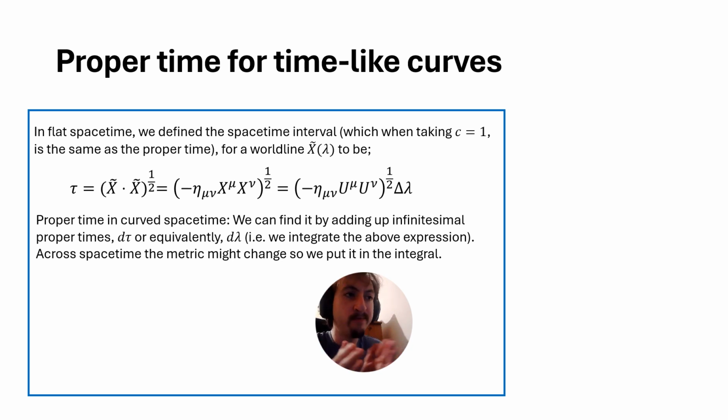So across the infinitesimal region, actually the space-time is flat, and we can use the equation we currently have in our box for the proper time across that infinitesimal region.